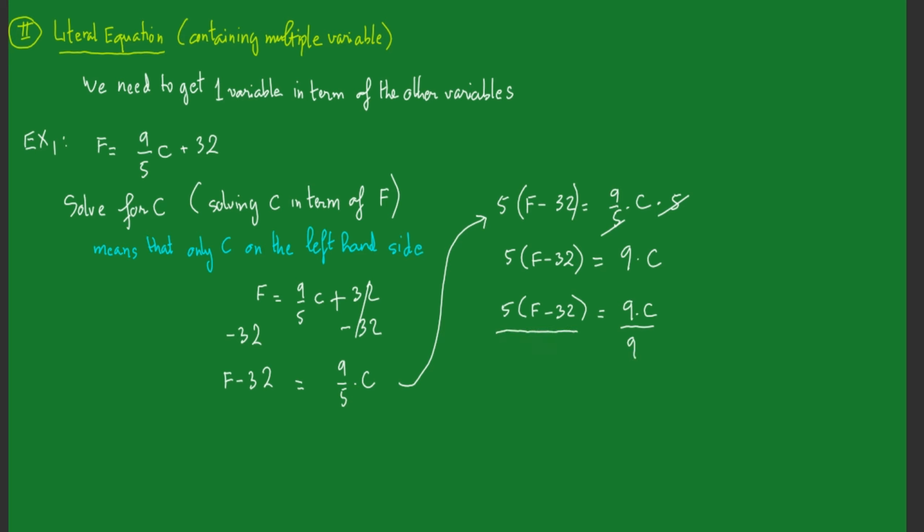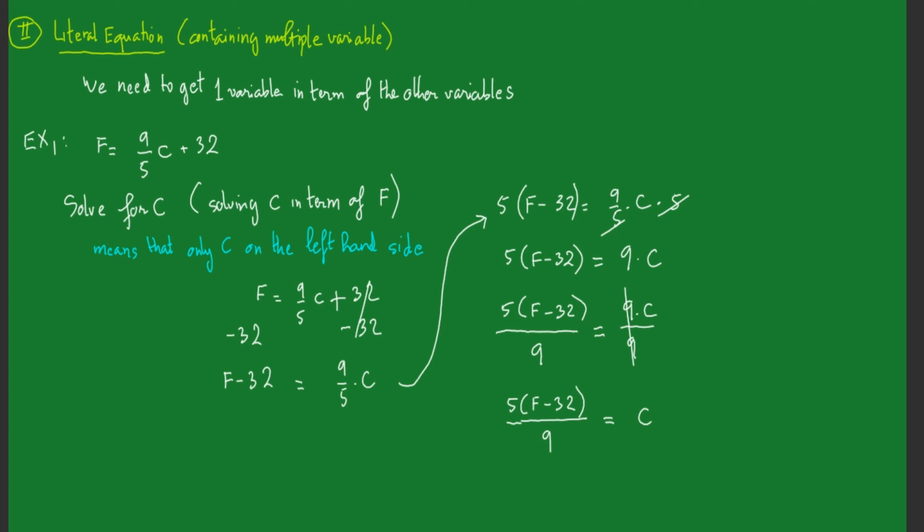Divide the whole thing, because it's both sides. So you cancel the 9 out, right? What you have left is 5 times f minus 32, everything divided by 9, equals c. Here you go.